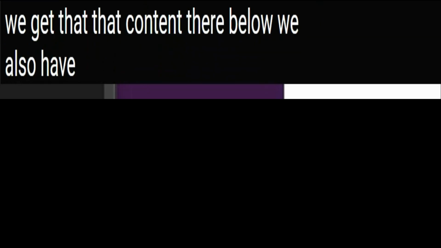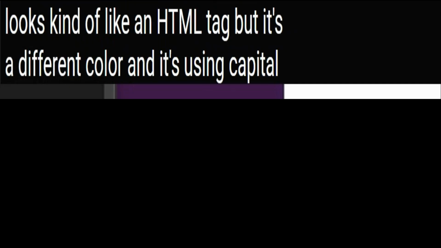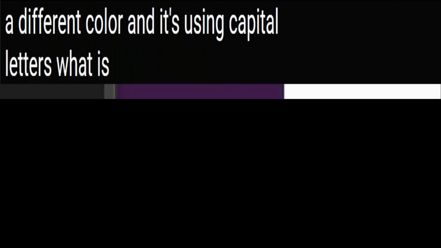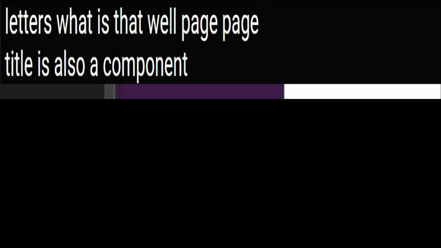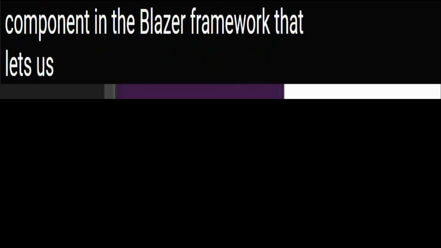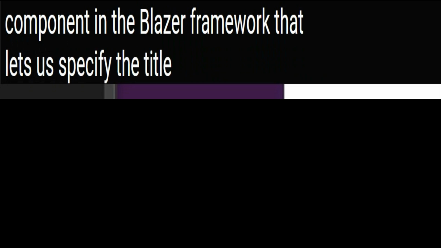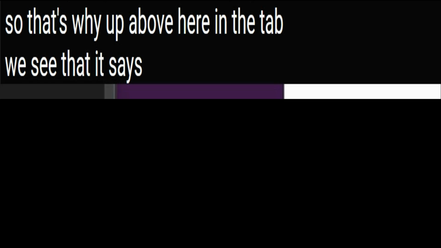Below, we also have this page title tag. It looks kind of like an HTML tag, but it's a different color and it's using capital letters. What is that? Well, page title is also a component. It's a built-in component in the Blazor framework that lets us specify the title for the page. So that's why up above here in the tab we see that it says home.